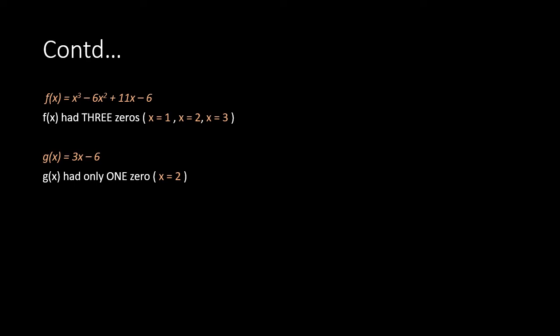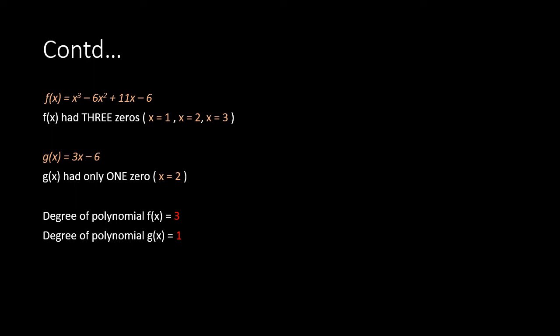Why does the first polynomial have three zeros and the second polynomial only one zero? There is a reason behind it. If you see the first polynomial f of x, the degree of the polynomial is 3, because x is raised to the power 3, which is the maximum in the entire polynomial. And for g of x, the degree of the polynomial is 1, because x is raised to the power 1.